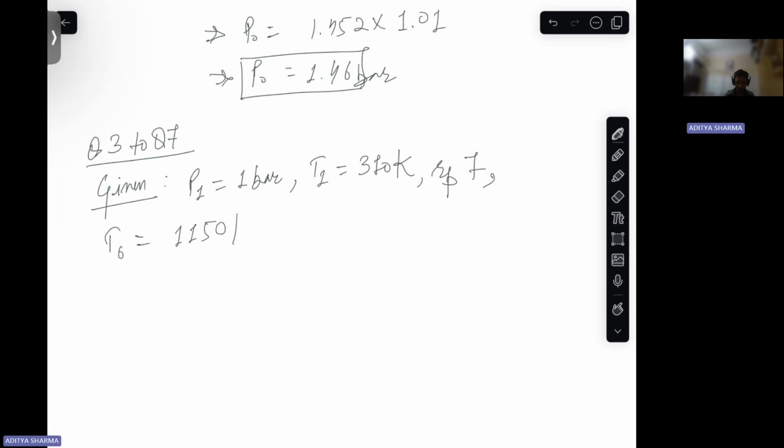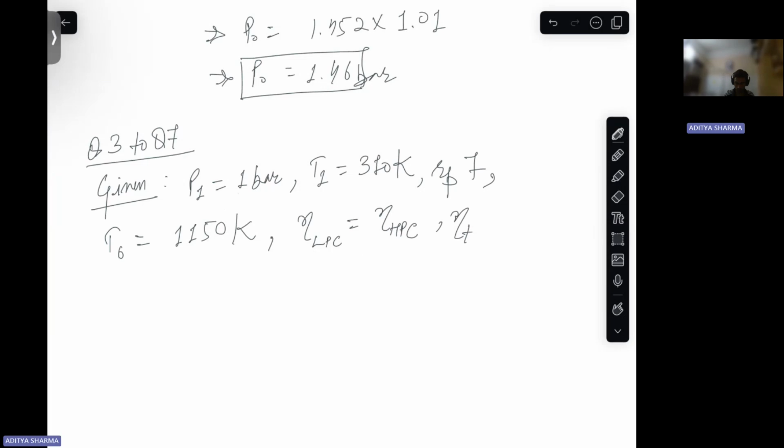Maximum temperature that is at the exit of the combustion chamber is this. Efficiency of both the compressors, low pressure and high pressure, is this.